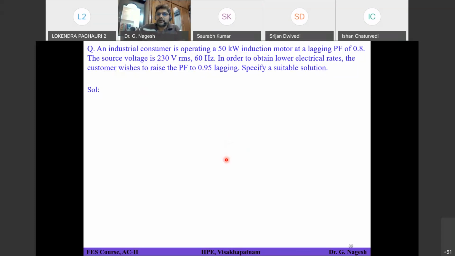Improving the power factor means reducing the phase angle between voltage and current. They want 0.8 to 0.95, so the phase angle difference should come down.